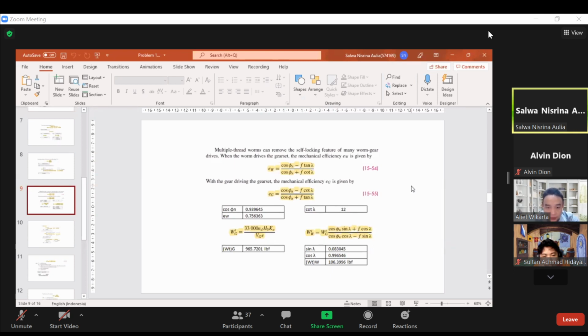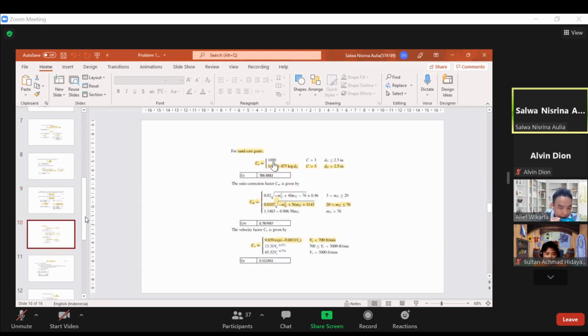And the second is the transmitted force, the transmitted force of the gear and worm. From this, we can get it in here. This we have known before.